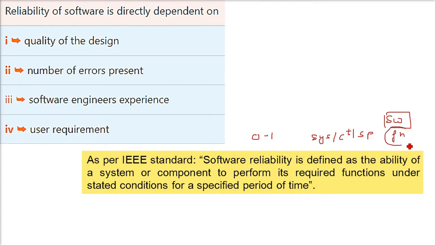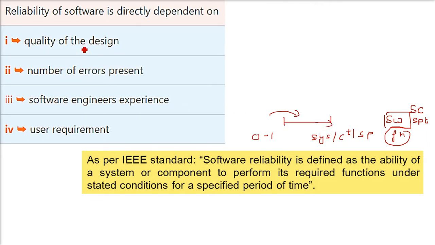That is, if a system is made for a certain function, software reliability means whenever you require it, it performs that action under specified conditions for a specified period of time. This is reliability. If it is working, you can rely on that particular system.